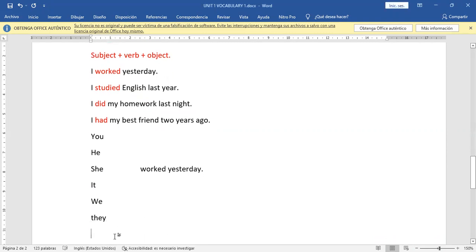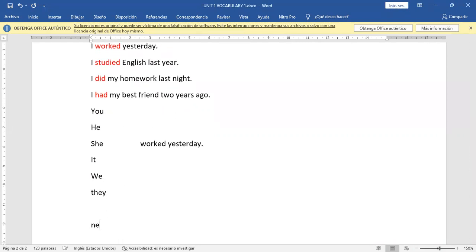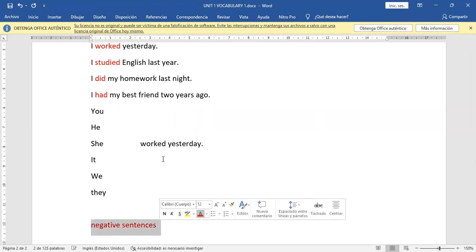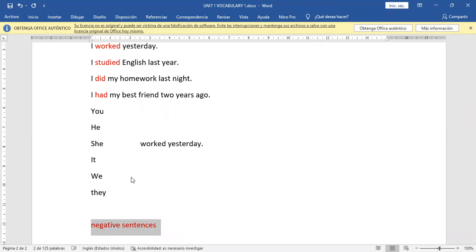Now let's talk about the simple past again, but with negative sentences. To talk about negative sentences, what do we need?